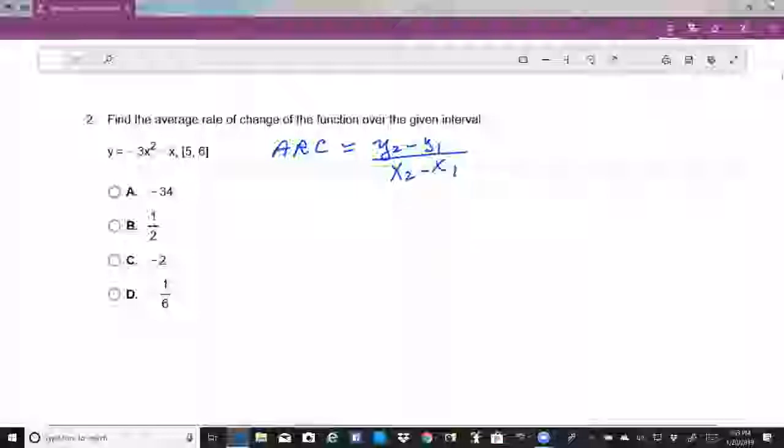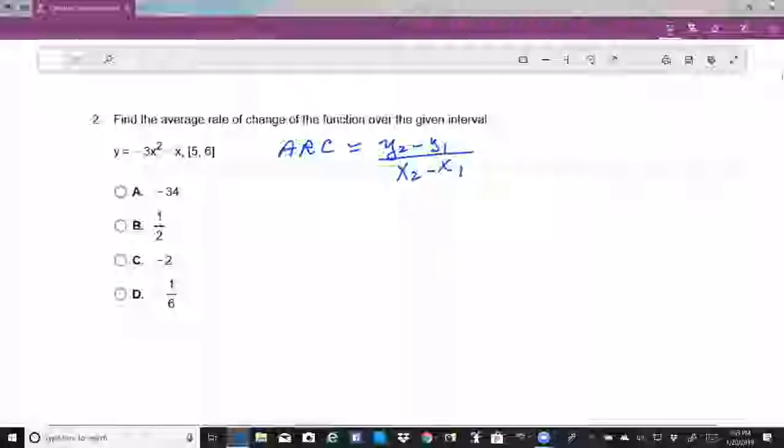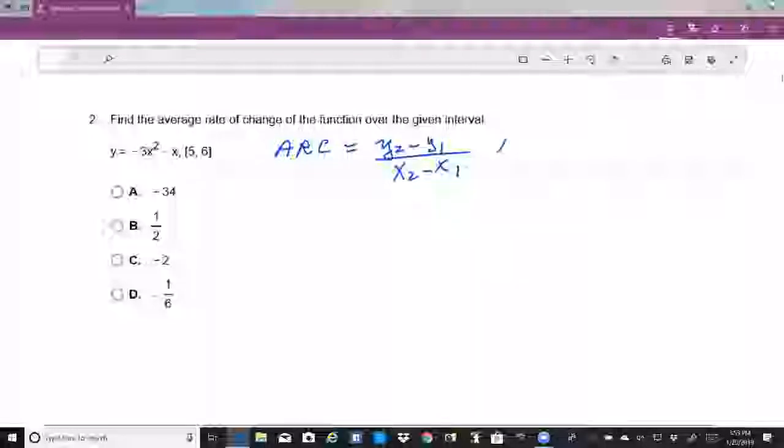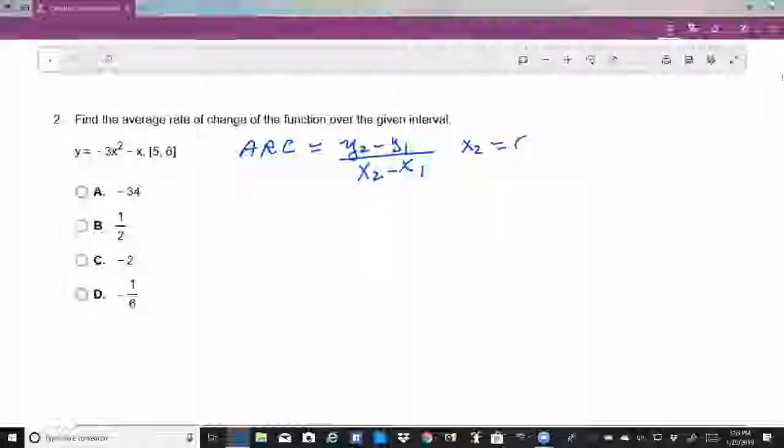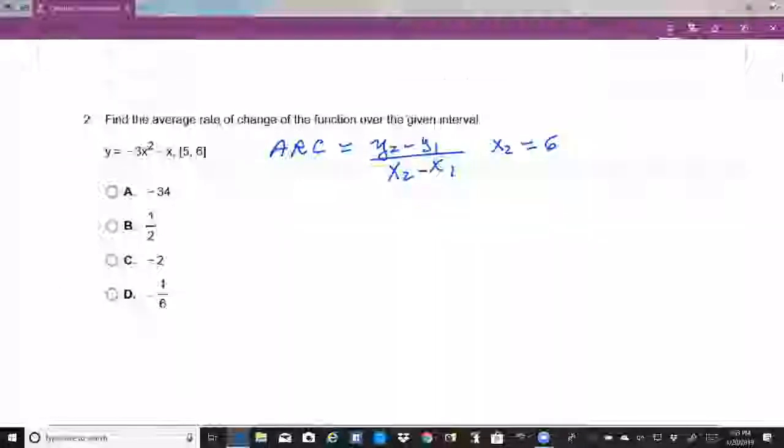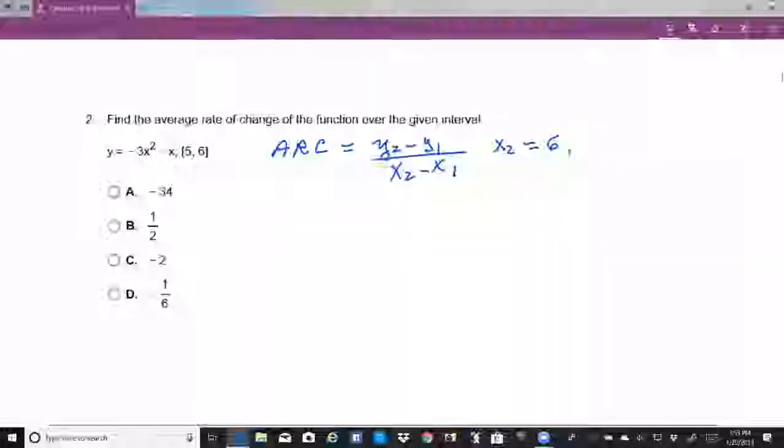And I think you see that x2 is equal to 6, and x1 is equal to 5.